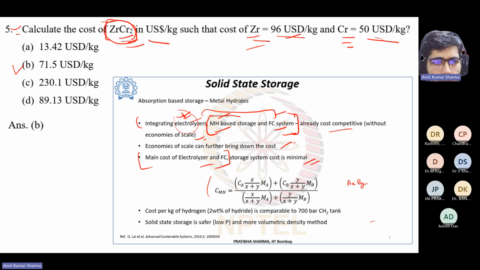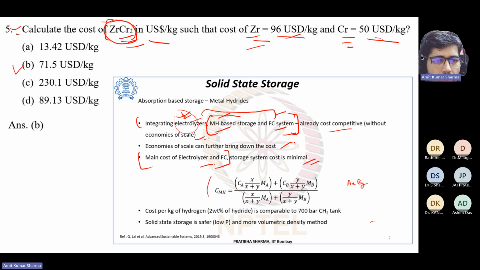The cost per kg of hydrogen at 2 weight% of hydride is comparable to a 700 bar CH2 tank. Sorry, CH4 tank. Yes, I think it's CH2, the compressed hydrogen tank. Solid state storage is safer. It can operate at low pressure and has more volumetric density.